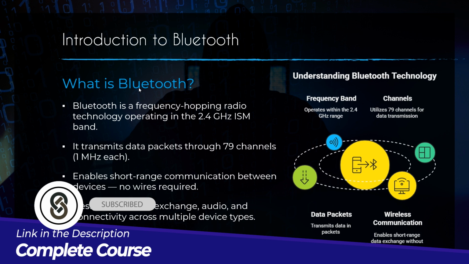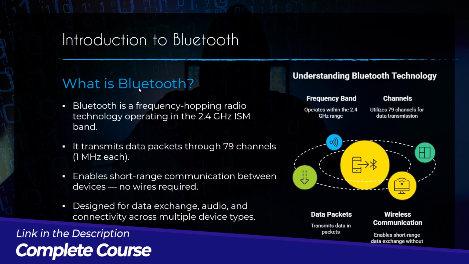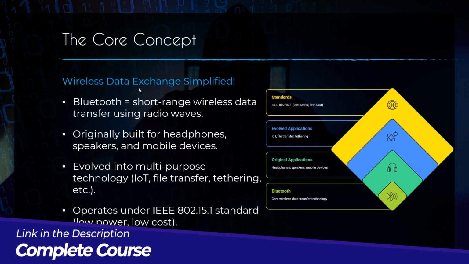Each channel is 1 megahertz wide to minimize interference and improve reliability. In simple terms, Bluetooth enables two or more devices to exchange data wirelessly without any physical cables. Nowadays we usually use Bluetooth in IoT, file transfer, and all these things.